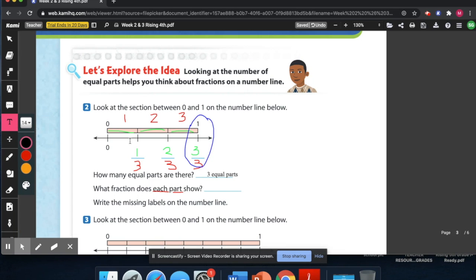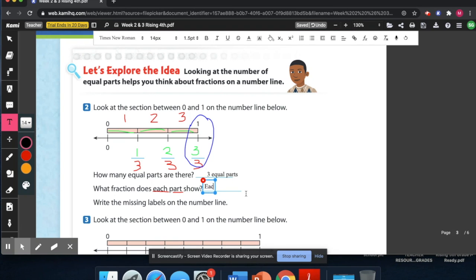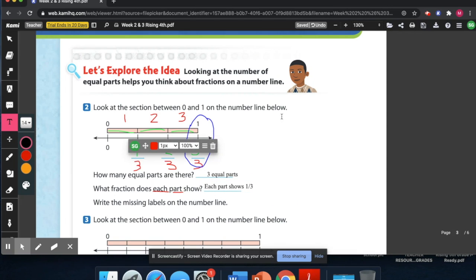So I'm going to look back. This is 1/3, this is 2/3, 3/3. Notice it is in thirds. So each part is 1/3. So I want to put each part shows 1/3. And I'm done for that one.